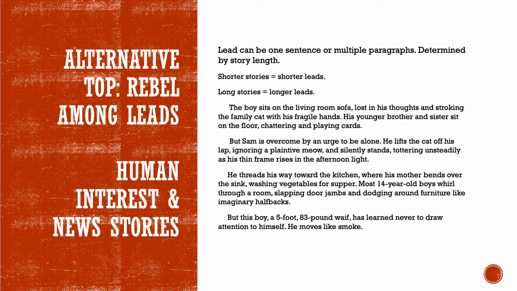His brother and sister are chattering and playing cards. Sam is overcome. He ignores a plaintive meow and silently stands, tottering, right? So there's some adverbs in there too. He threads his way to the kitchen, right? Most boys whirl and slap and dodge, but he's learned never to draw attention to himself. So notice how important those verbs are.